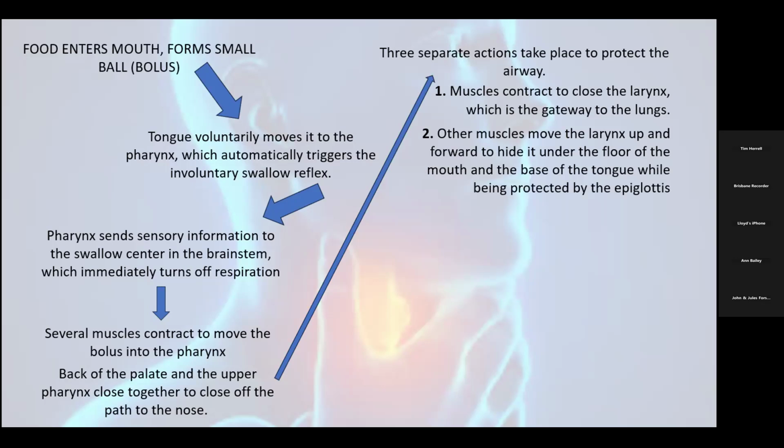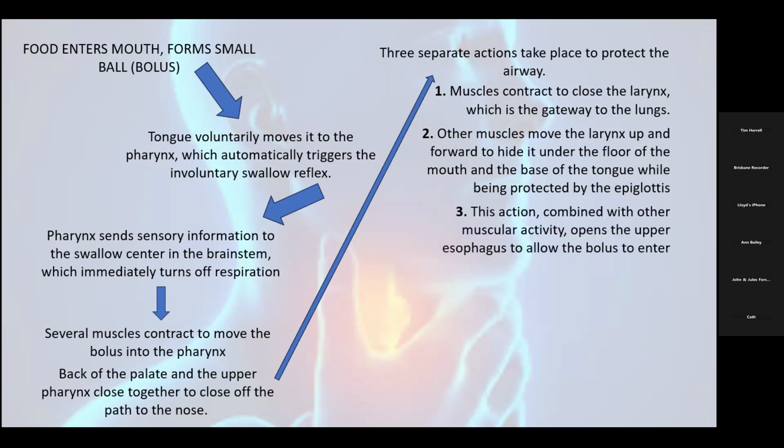You'll actually feel the larynx move up and underneath the floor of the mouth and the base of the tongue while being protected by the epiglottis, which is that essentially muscle flap of skin which closes off to direct food down into the stomach while protecting the trachea from any food going into it. This action, combined with other muscular activity, opens the upper esophagus to allow the bolus to enter.